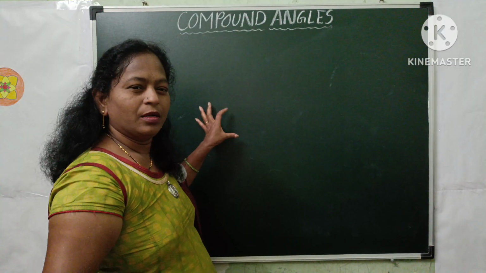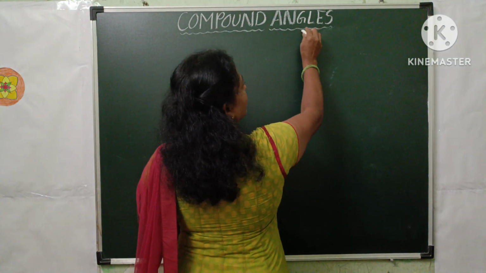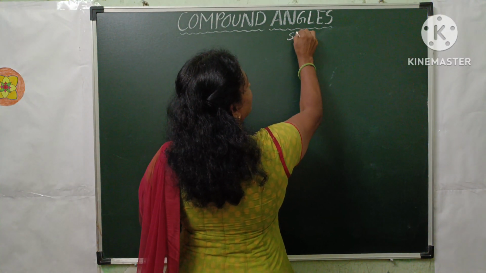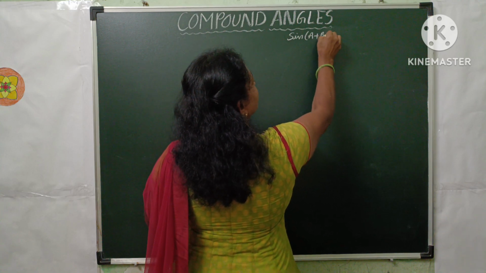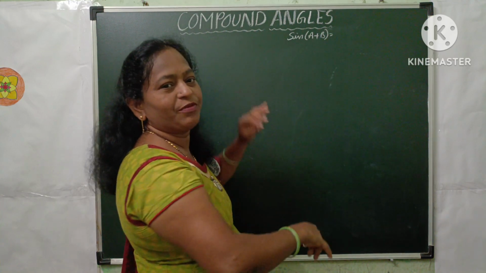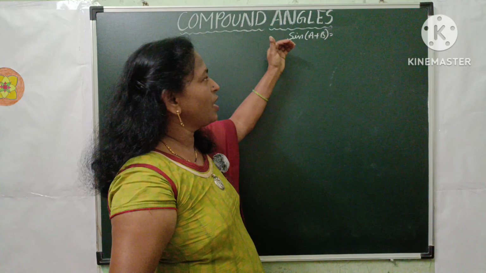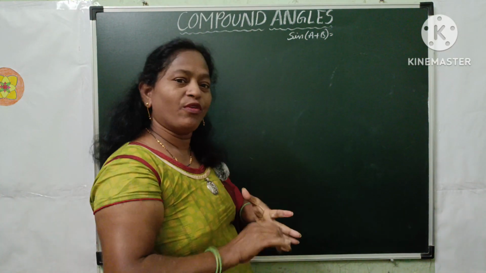Next, sin A plus B formula. Here we write the sin A plus B. Why? Because later we are using the sin A plus B formula, onwards we are writing more formulas.